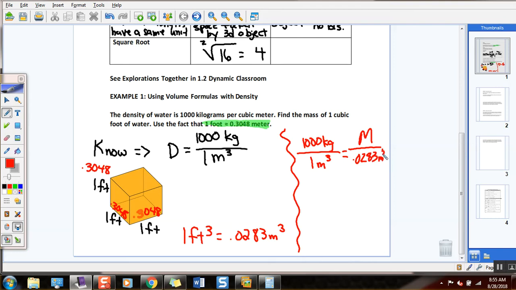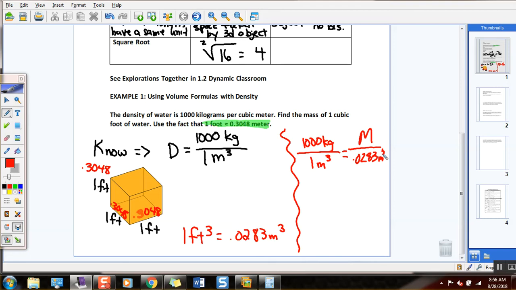Going to be very important when we set proportions up. If I'm comparing kilograms to cubic meters on the left, you better be comparing kilograms to cubic meters on the right. Okay, units need to match in this section. If they don't match, you're going to have all kinds of problems. So that's why we chose to turn 1 cubic foot into what, kids? 0.0283 cubic meters. Okay, so isn't that just a proportion to solve? 1,000 times 0.0283 divided by 1? Well, if I do that, isn't multiplying by 1,000 the same effect as moving a decimal how many places to the right? 1, 2, 3.